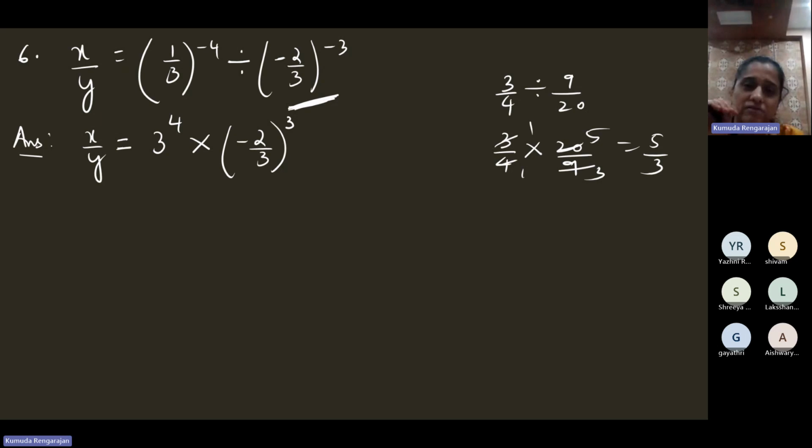Here the power is negative, so you want to make the power positive. So do that. Write -3 as +3, but write the base as it is. When you do one of the two actions, you're writing the reciprocal. And now we have to write the reciprocal, because when you change division to multiplication, you will have to write the reciprocal of the term that follows the division sign.